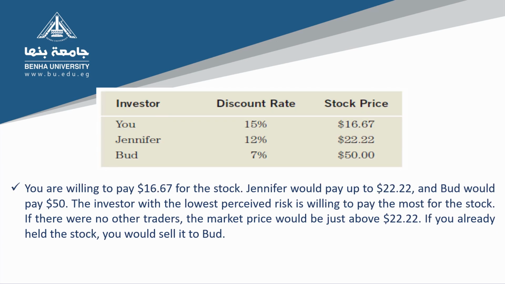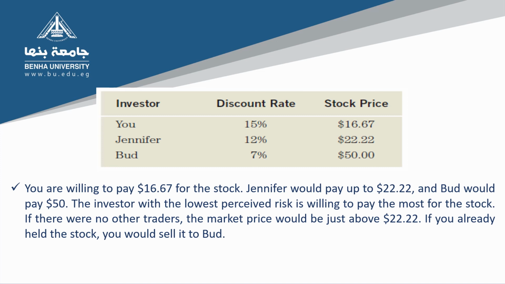You are willing to pay $16.67 for the stock. Jennifer would pay up to $22.22 and Bud would pay $50. The investor with the lowest perceived risk is willing to pay the most for the stock.